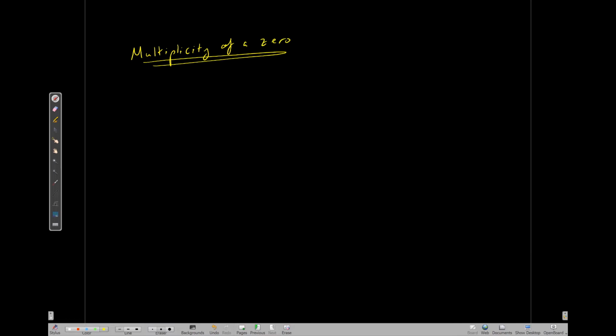In simple words, if x minus a raised to n is a factor of f of x, then a is a zero of multiplicity n.